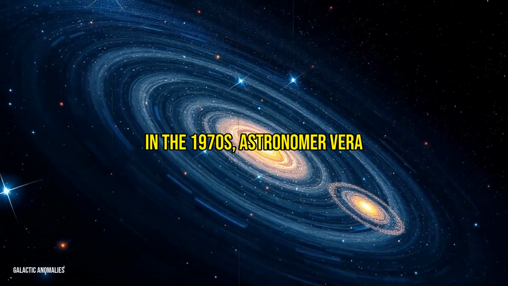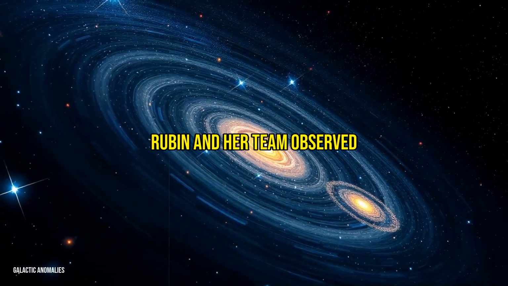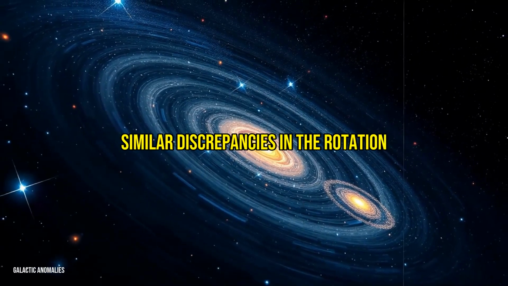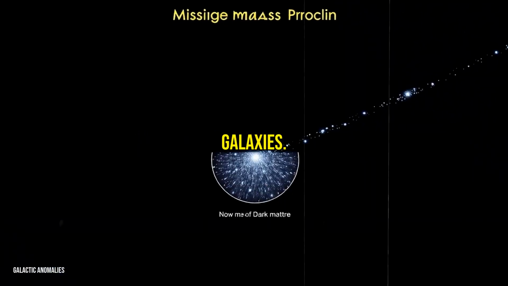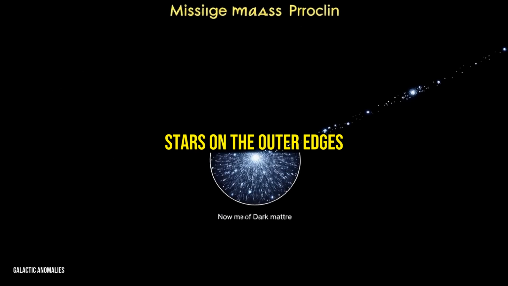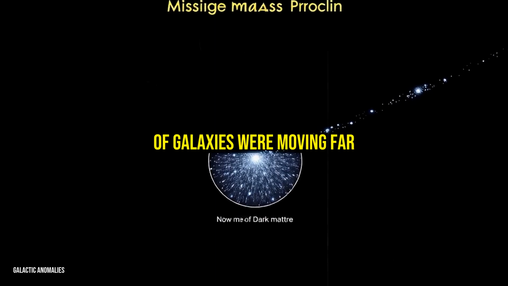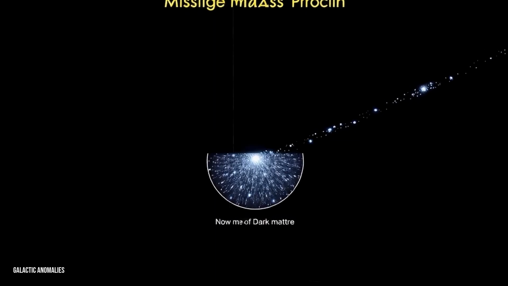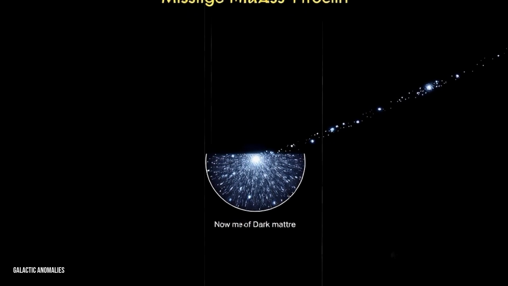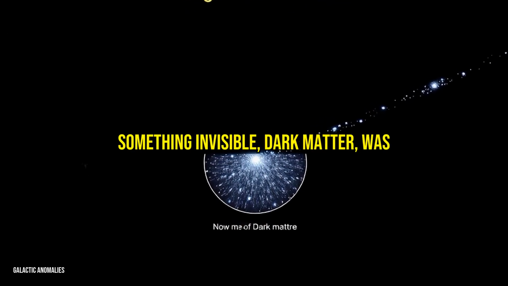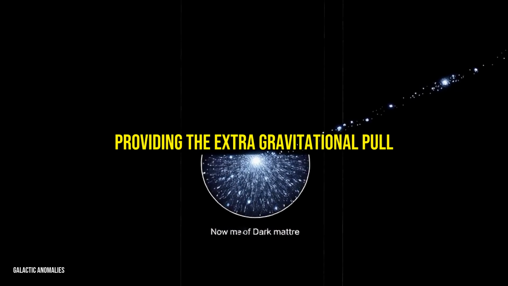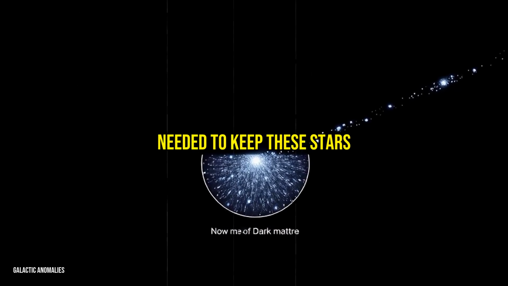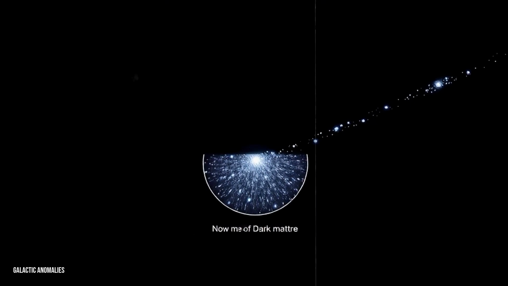In the 1970s, astronomer Vera Rubin and her team observed similar discrepancies in the rotation speeds of stars within individual galaxies. Stars on the outer edges of galaxies were moving far too quickly to be explained by the visible matter alone. This reinforced the idea that something invisible, dark matter, was providing the extra gravitational pull needed to keep these stars from flying off into space.